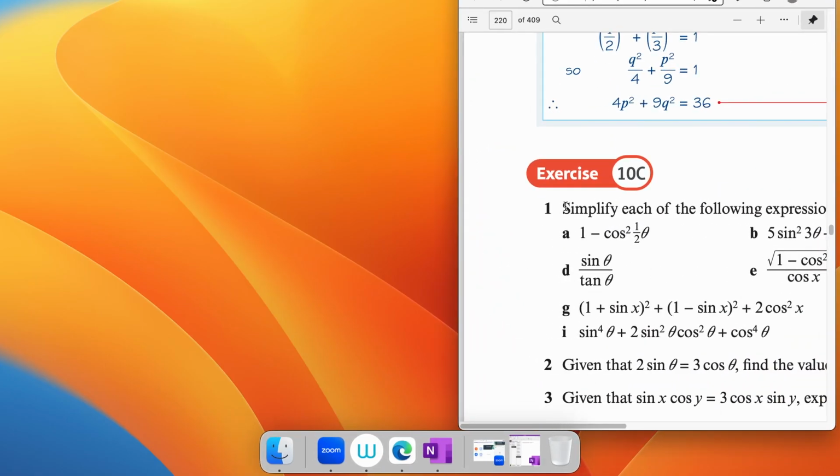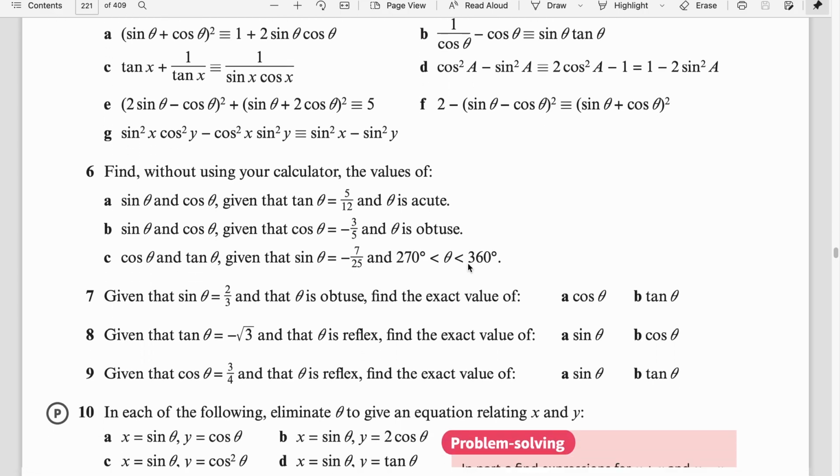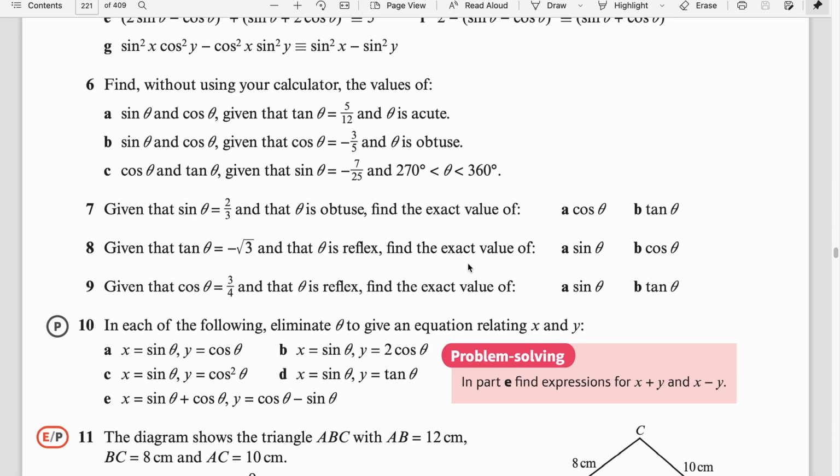Okay, we left off at exercise 10C, trigonometric identities. We practiced a few of these questions till question number 10.